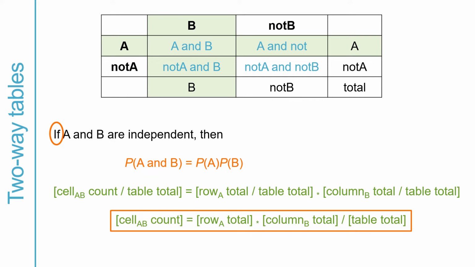If the data were obtained on all the individuals in the target population, then this equation would be exactly correct when the two events are independent. If instead the table of counts is based on only sample data, then we need to account for the fact that random samples vary, and therefore we will need to test a hypothesis about the properties of the population using the sample data as evidence.